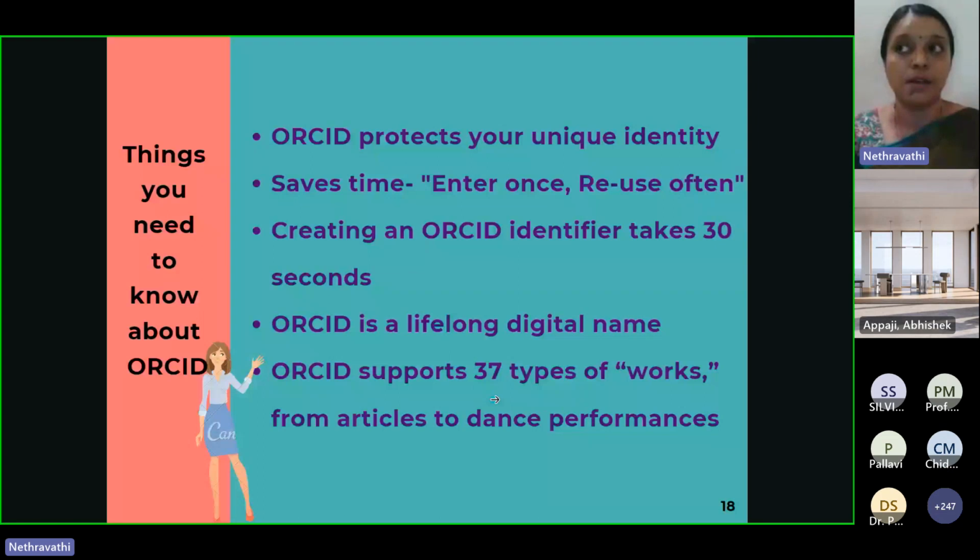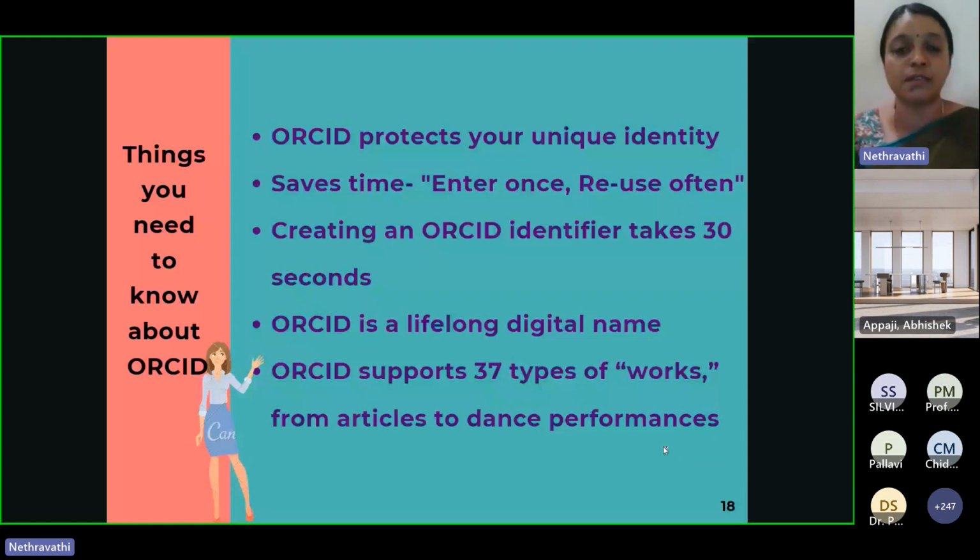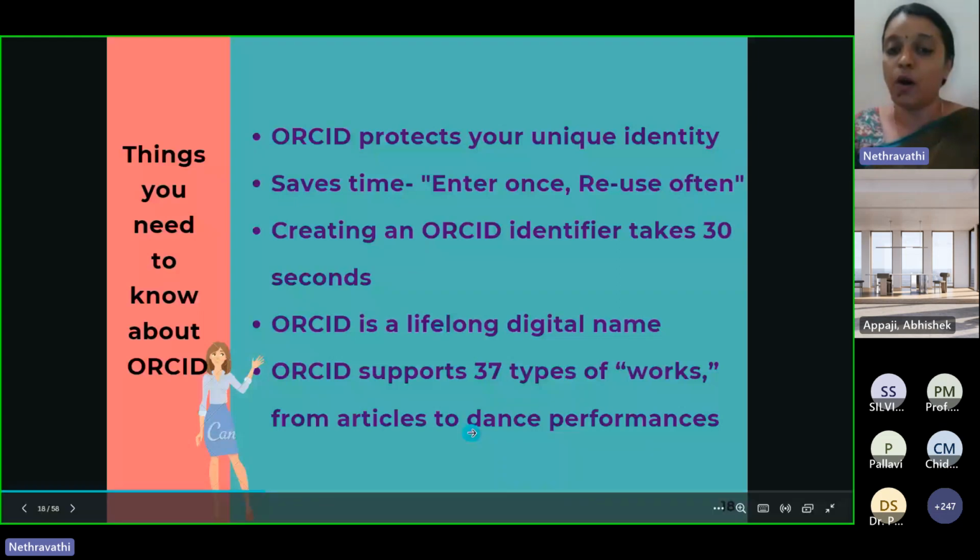That means if you are a researcher, you need not restrict yourself to writing technical papers only. Many are interested in arts, music, cooking, etc. You can write an article about your other hobbies also and link those to your ORCID ID.